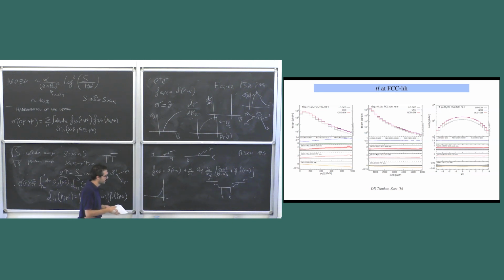But if you do that, it means that you can also have the probability of a photon in the electron. And if you look at this probability of the photon in the electron, this is equal to alpha over 2 pi, again the log of s over m squared, but then multiplied by (1 + (1-x)^2) over x.